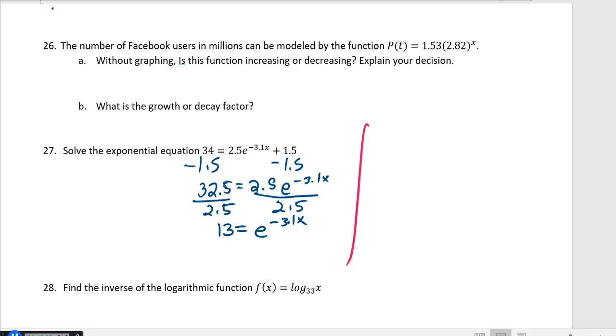Now I want to show you the other method too, if you're a person that likes the other method. So if you have 13 is equal to e to the negative 3.1x, you could also just take the natural log of both sides. Just like we did with the log of both sides, now I take the natural log. I take natural log of this, as an e. Okay, so I know that the exponent can come in front.